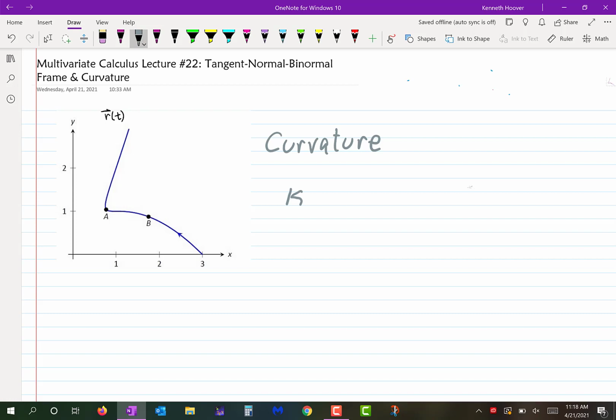Okay, so one way of calculating the curvature is to take the unit tangent vector, calculate its derivative, so you have capital T prime, calculate the magnitude of that, and then divide that by the magnitude of your original function prime.